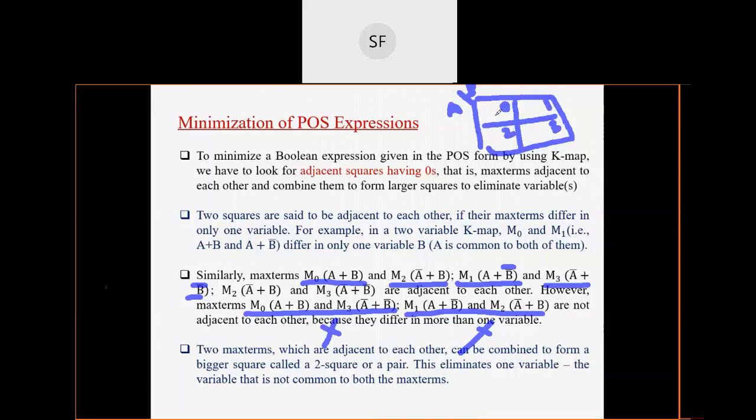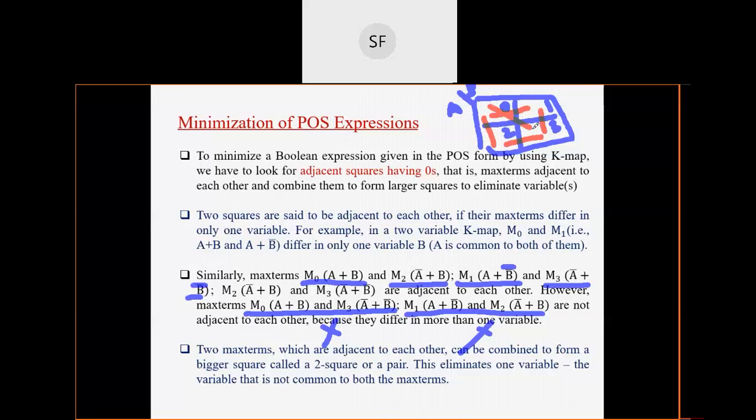So simply, these two and these two, these 4 pairs will be adjacent. This is the meaning of this complete slide. And which two are not adjacent cells?